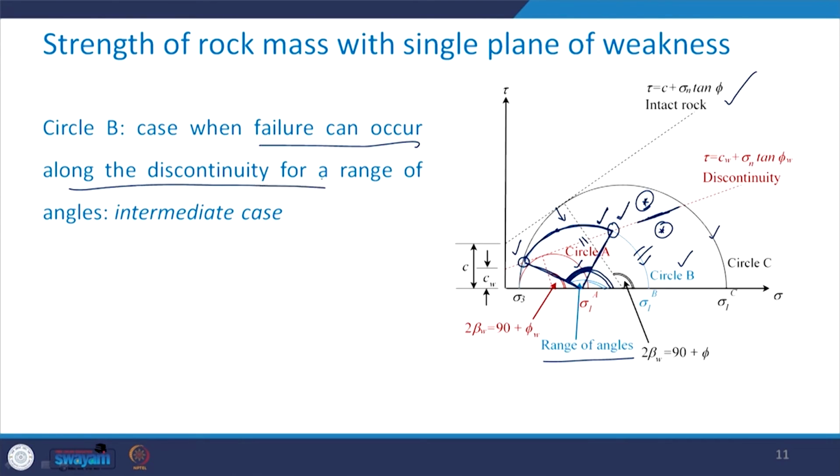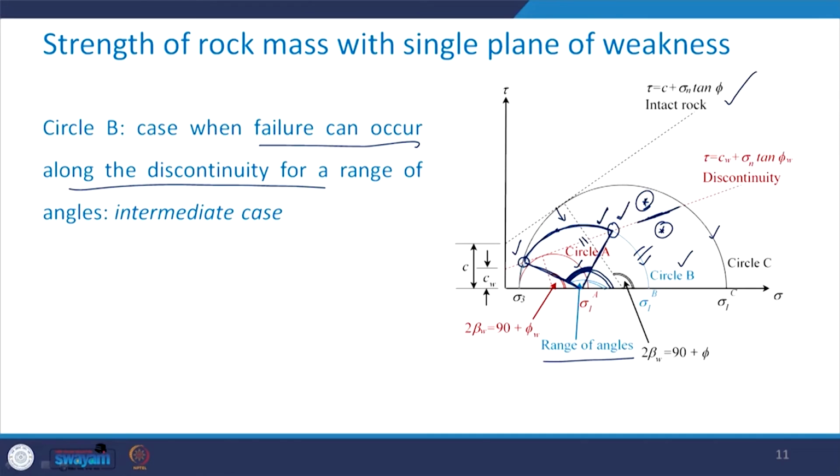So, we had two extreme cases where one is the highest strength, corresponding to intact rock, and the lowest strength is corresponding to the strength of the discontinuity. Now, in case you have any state of stress in between these two extreme cases, then it is not that for all the orientations of the discontinuity you are going to observe the failure along it.